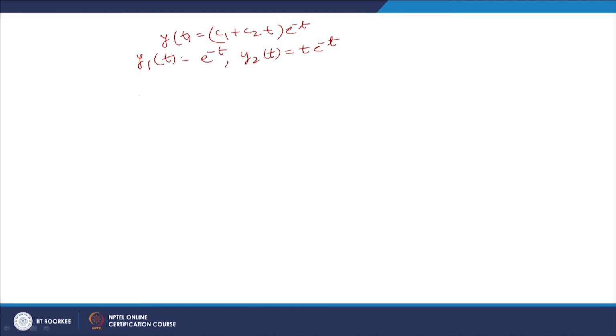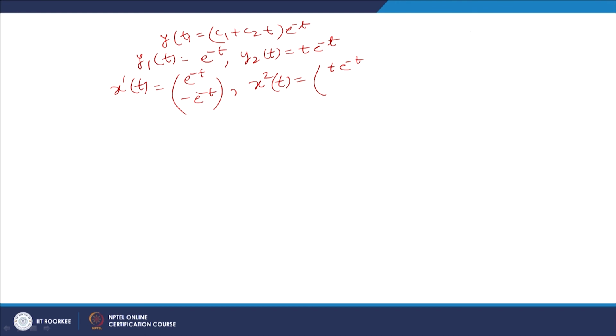We can get two solutions: x1(t) equals e to the power minus t, and minus e to the power minus t, and x2(t) equals t e to the power minus t, and then we differentiate.